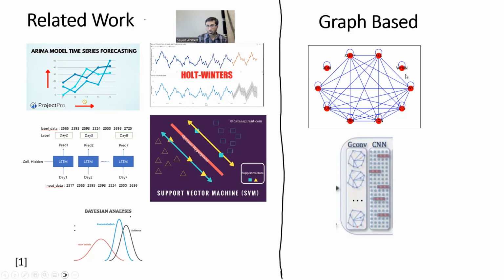You can see a sample graph from my work. This paper has used a graph convolutional neural network and convolutional neural network combo, with multiple blocks of them, for the prediction of the stock prices, where this graph is fed as an input.